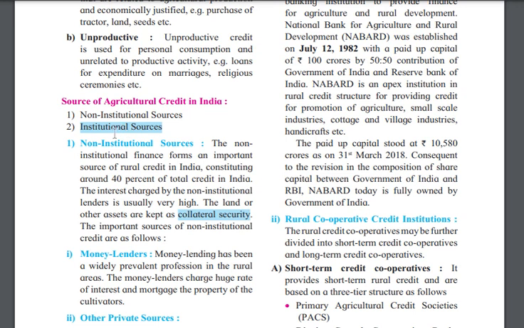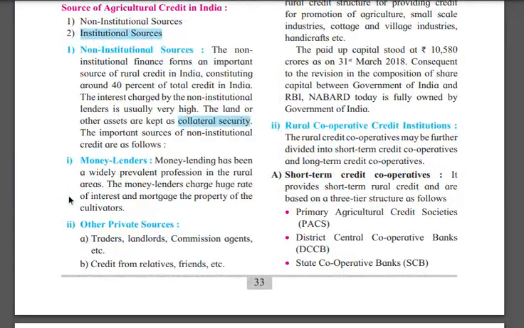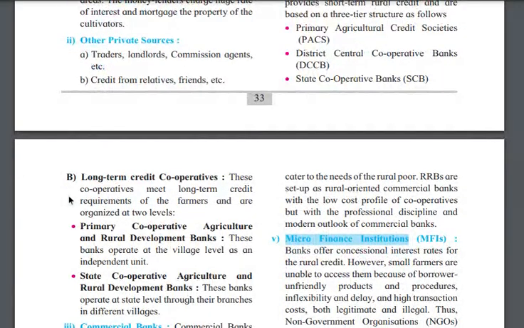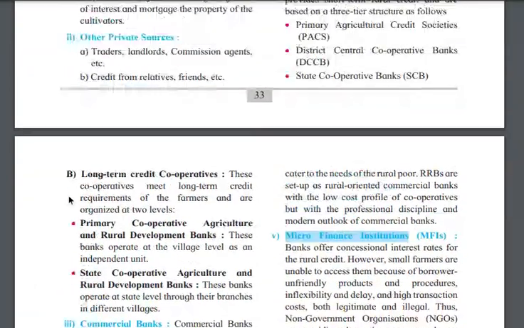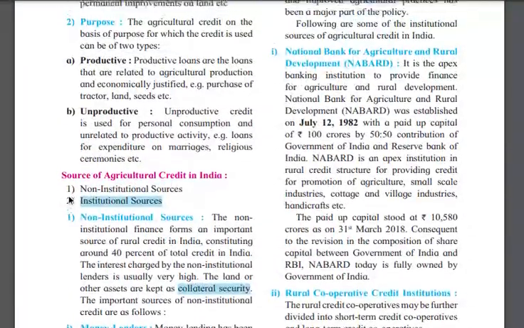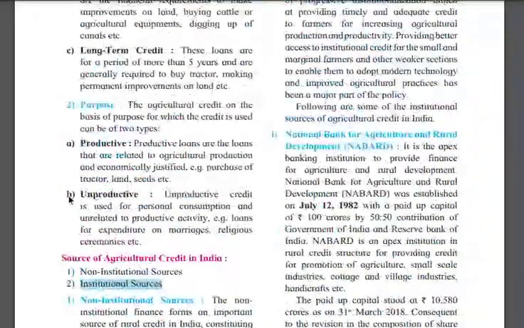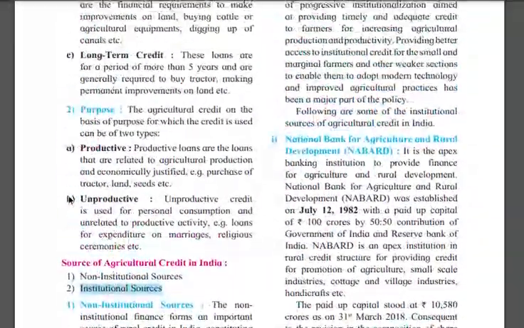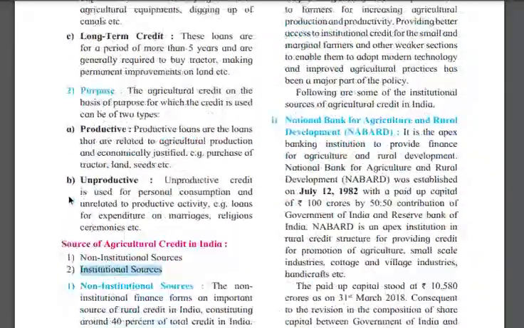There are two sources. One is the non-institutional sources, and the second one is the institutional. Non-institutional is unrecognized; institutional is recognized. Okay, so let's start.